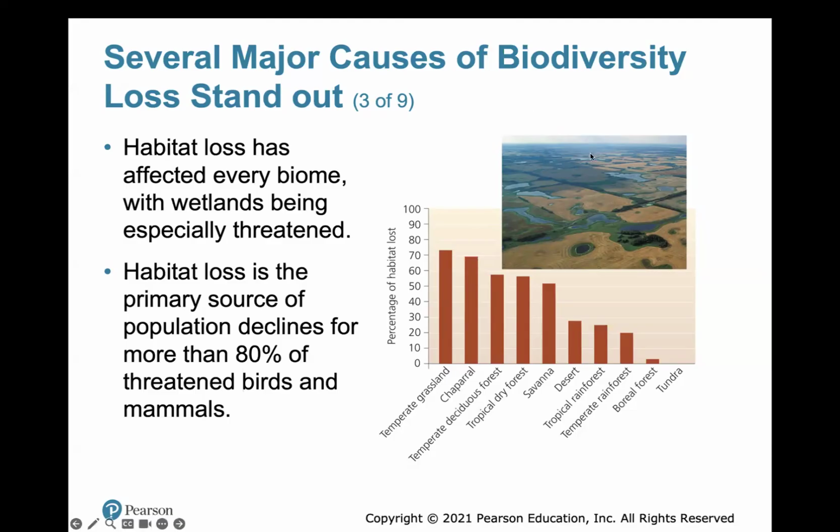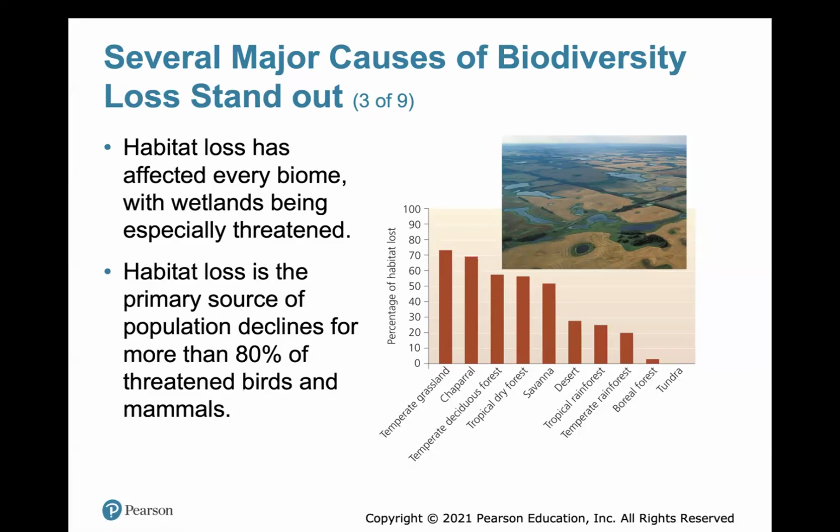This picture shows prairie potholes, wetlands, lakes and ponds that were once abundant in the Great Plains and have been drained for farming. Habitat loss is the primary source of population decline, because if they don't have anywhere to stay, they're obviously going to decline.